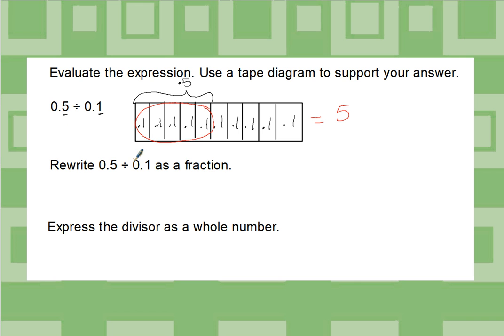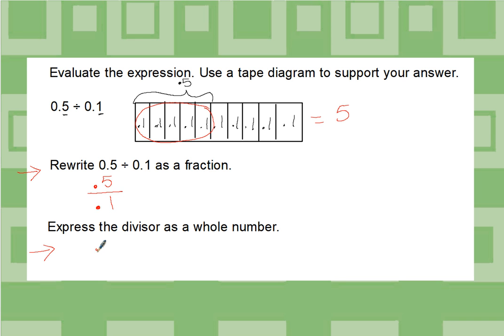Now, this is the new stuff right here, okay? Right here, these two. So let's go ahead and it says rewrite this divided by this as a fraction. So we're going to write it as 5 tenths divided by 1/10. Easy, right? We just wrote it as a fraction. But now we need to express the divisor as a whole number.